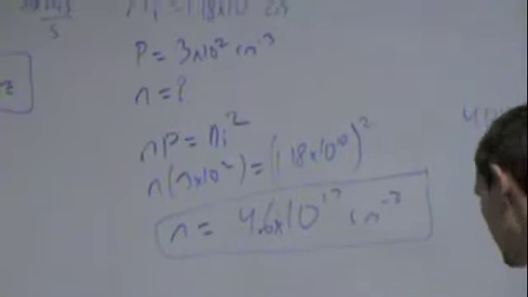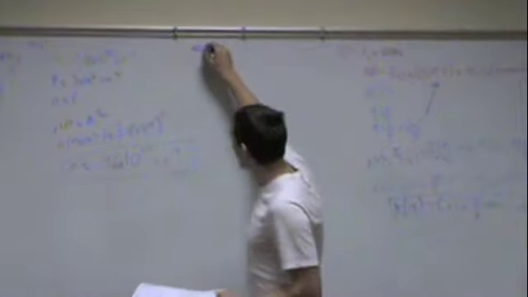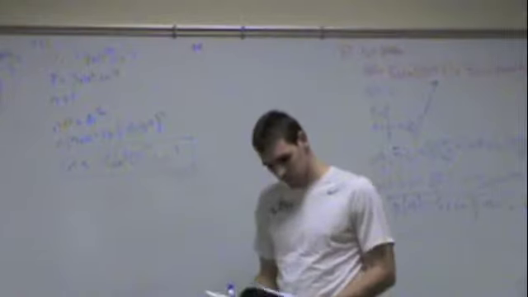Moving on to 44. This was conceptual. In metallic materials, electric current occurs due to the movement of electrons.